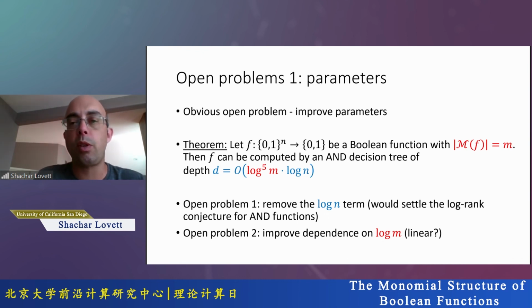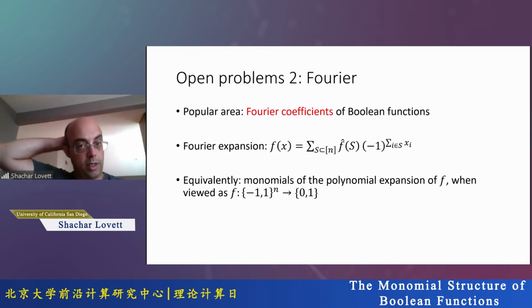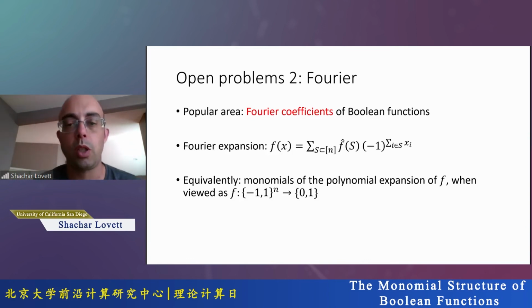The other ones are about trying to extend this to other settings. The most interesting setting where you can ask this question, and maybe the next obvious step, is moving from the AND function basis to what's called the Fourier basis. I'm sure you all know that we can write any Boolean function in its Fourier basis. Now the basis is not ANDs of variables, but it's (-1) to the power of some variables, if the variables are 0, 1.